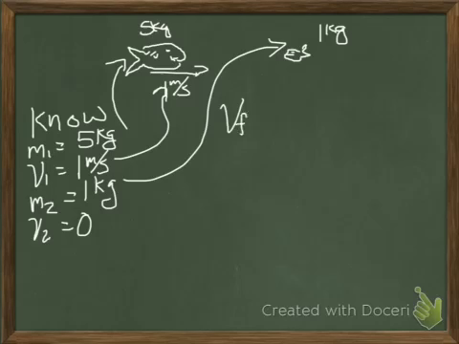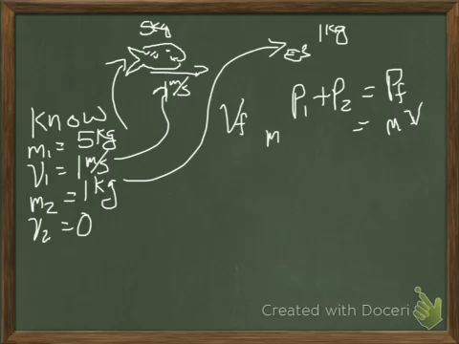So we're going to take a look at the fact that our momentum before the collision is going to be equal to our final momentum. And our final momentum includes our total mass and velocity.